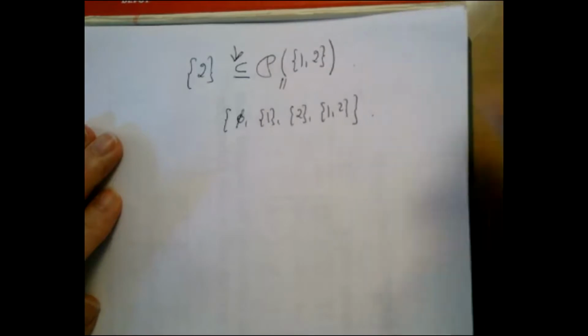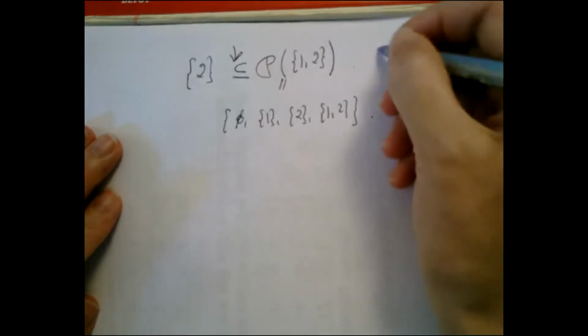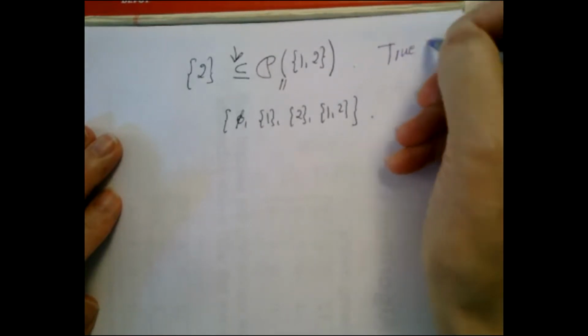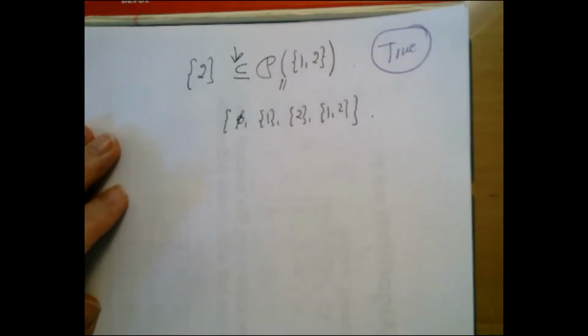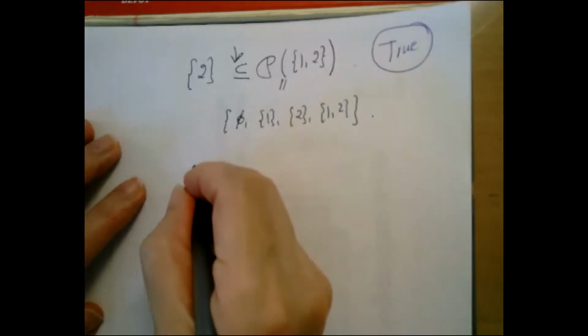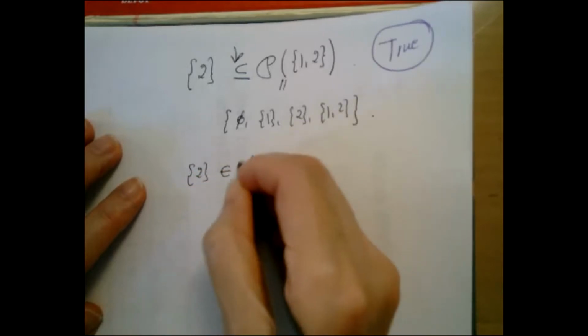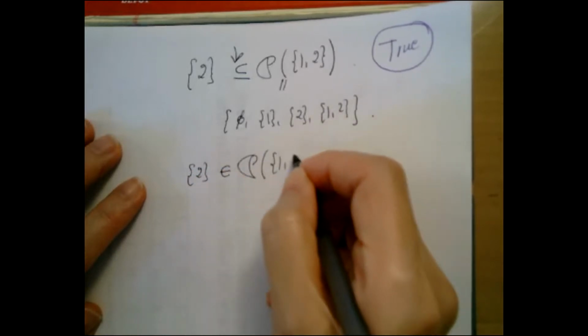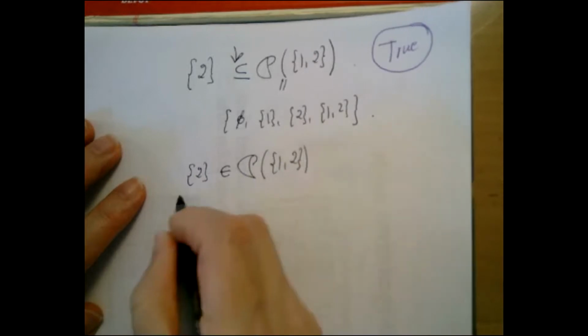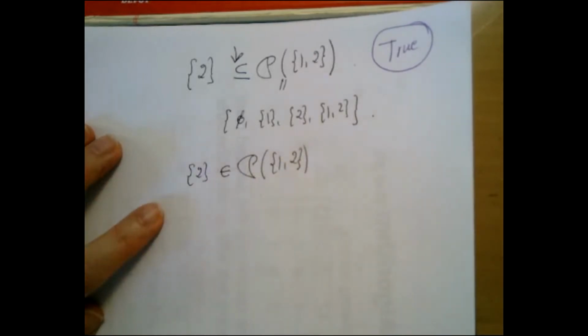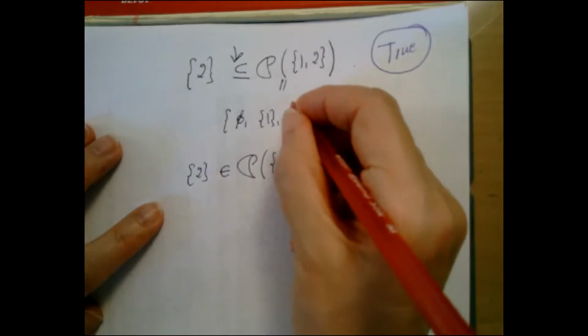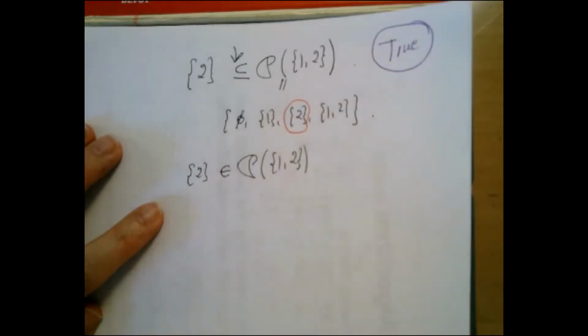So he said it's true, and I'm having an issue with that. Would it be an element? Right, 2 is actually an element of the power set. Why is it an element? Because it's this one right there. It's one of those objects.